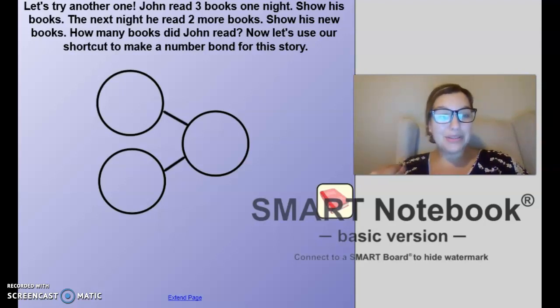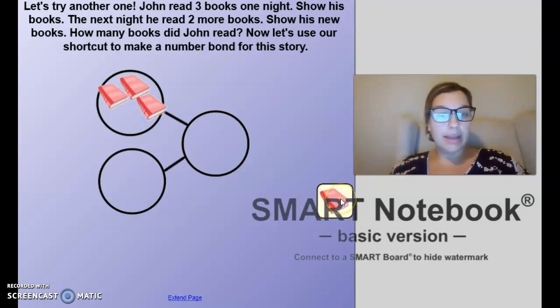Great job. So let's see what we got. John read 3 books 1 night. So I'm going to put 3 in one of my parts because that was just one of the nights he read 3 books. 1, 2, 3. So you could have 3 shapes, 3 books, anything to show 3.